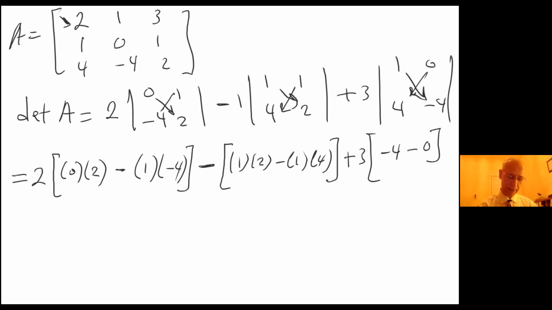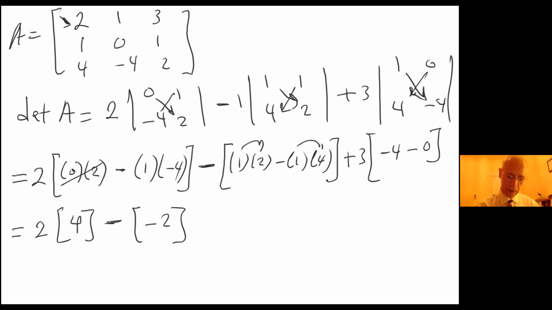Now, let's simplify this. So this equals 2 times 0 times 2 is just 0. -1 times -4 is +4. Then I have minus 1 times 2 is 2. -1 times 4 is -4. So I have a -2 in here.